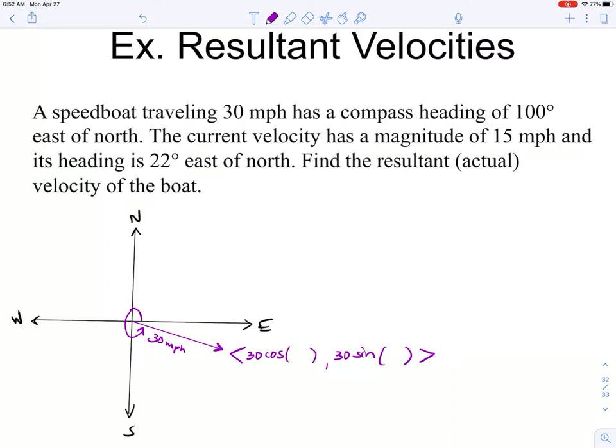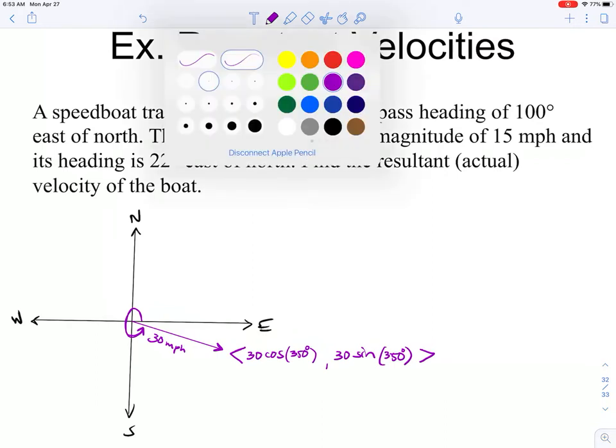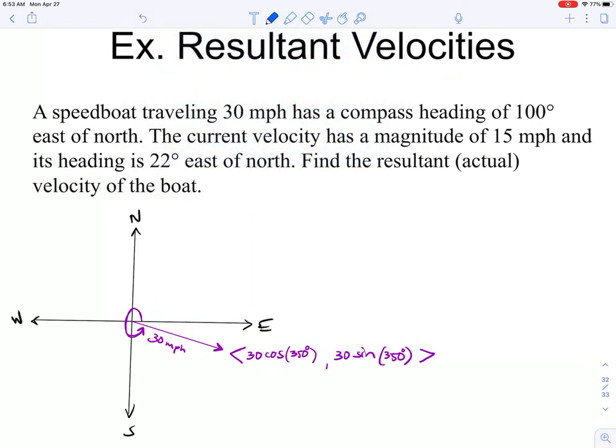So we could use the negative 10 degrees. I don't want to use the negative angle though. I want to use the positive angle. So the direction angle off the positive x-axis, this angle right here, would be 350 degrees. Not an angle on the unit circle, so we can't simplify that anymore.